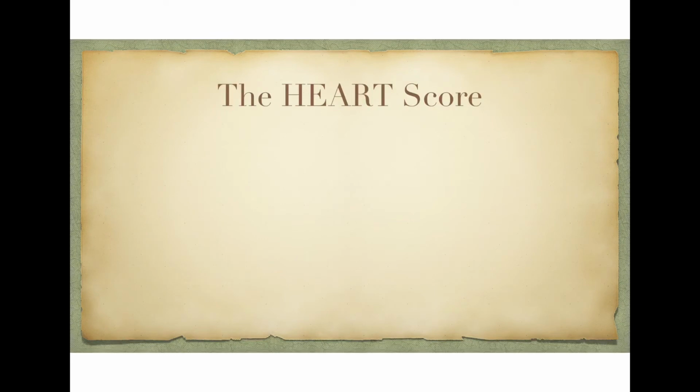One of the really useful tools that we use for clinically assessing a patient's risk of having MI, in addition to that chart I showed you before, is the HEART score. The HEART score is an acronym for 5 different clinical features that you would look at to calculate the patient's risk. The H stands for history, so you can look at whether they have typical, atypical, or non-anginal chest pain.